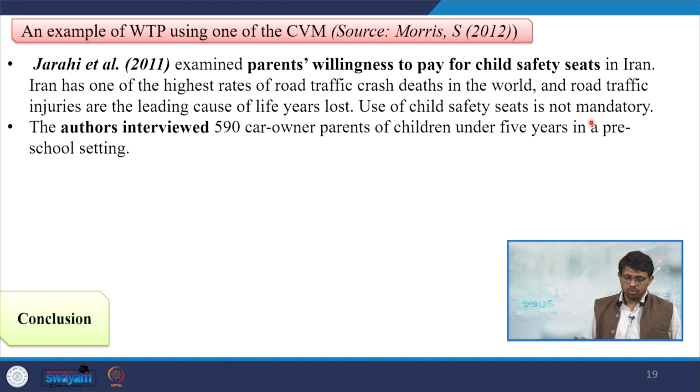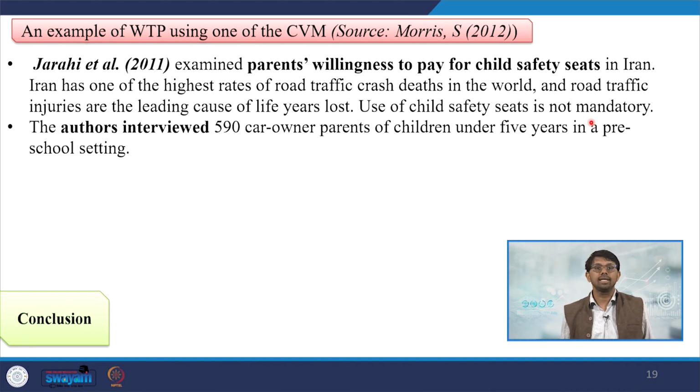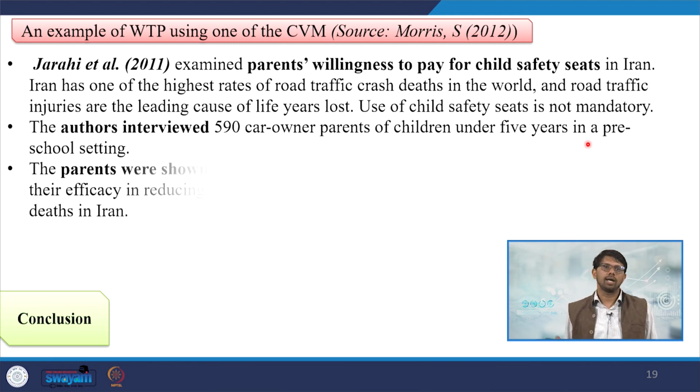The author interviewed 590 car-owner parents of children under 5 years in a preschool setting. So the experiment unit is in a preschool setting, and the persons are those who have children under 5 years and own a car.